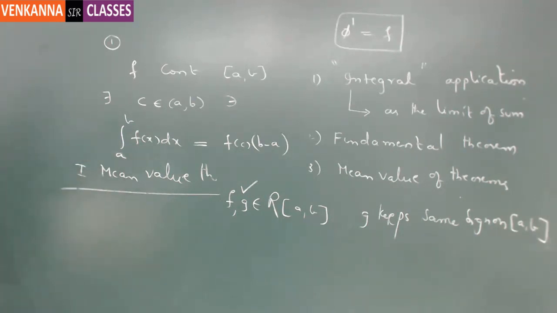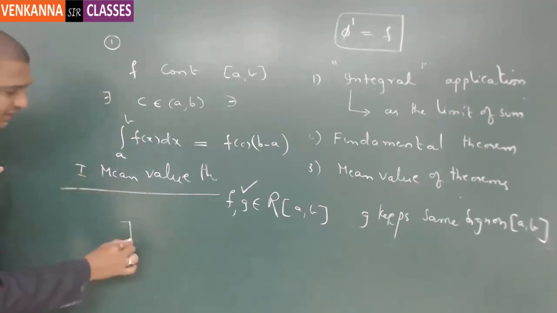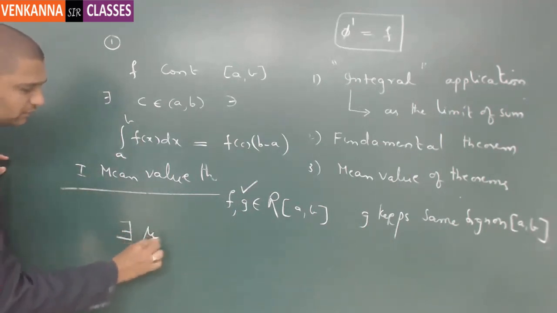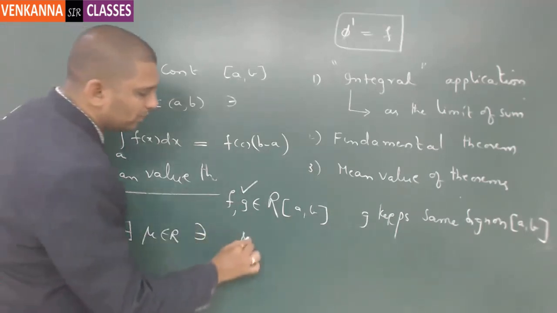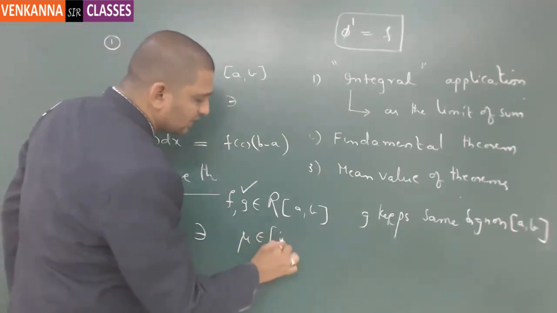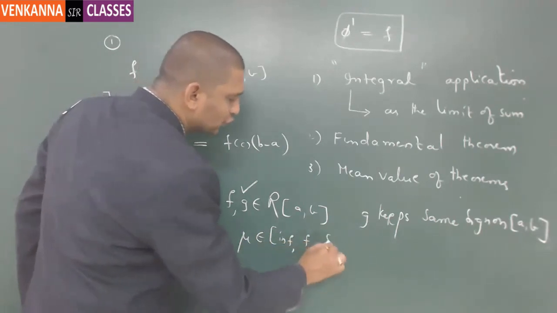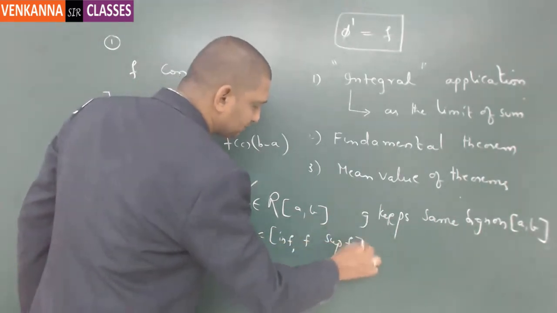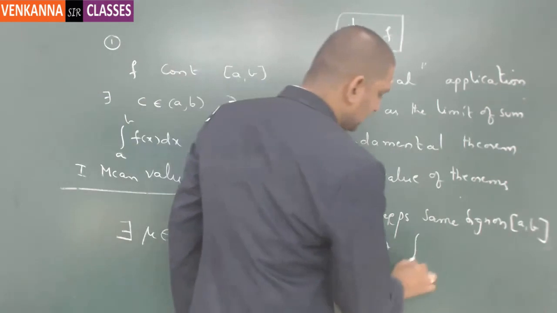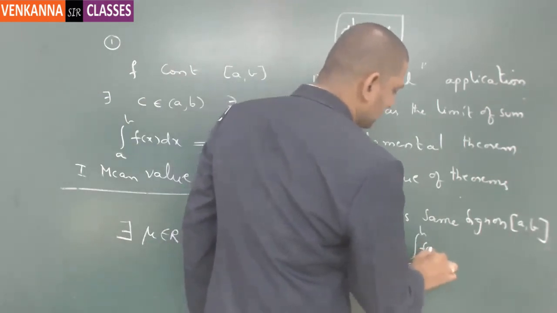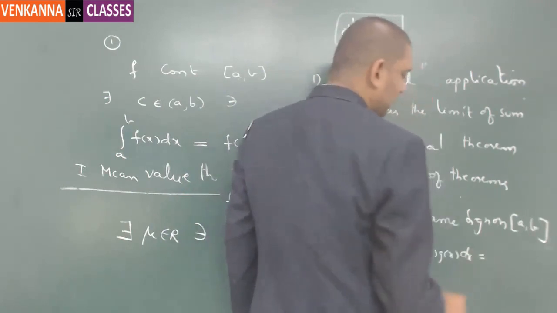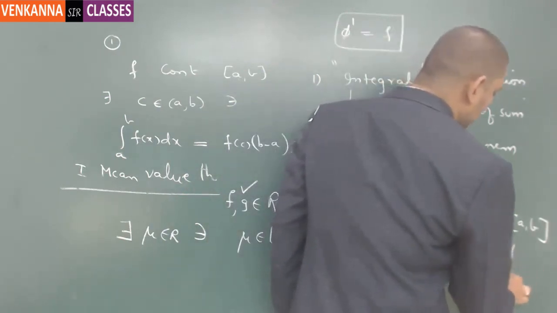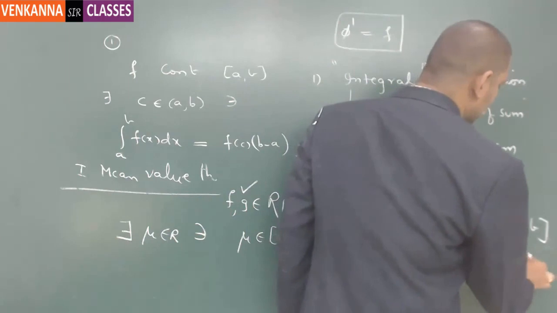Then the theorem states that there exists a real number mu such that mu belongs to infimum and supremum of f such that integral a to b f of x into g of x dx is equal to mu into integral a to b g of x dx.